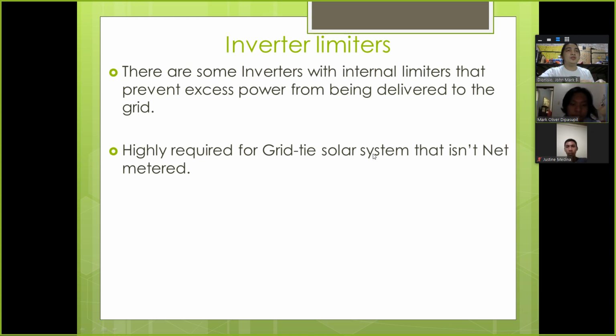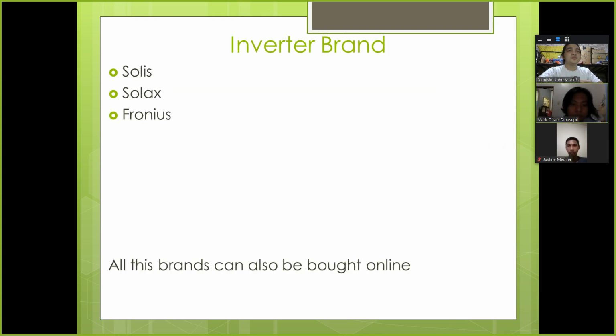Nililimit niya yung sarili niya para ito lang yung kaya mong i-produce, para yun lang yung kaya mong gamitin. So, napipigilan niya yung additional na power bill na yun. Highly recommended or required to sa grid-tied solar system na wala pang net metering or hindi pa compatible sa net metering yung sub-meter nila.